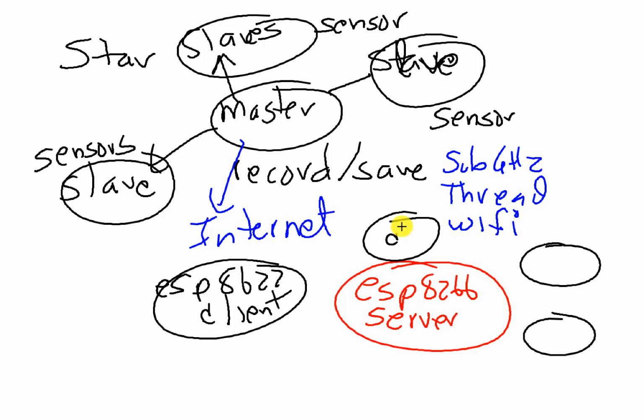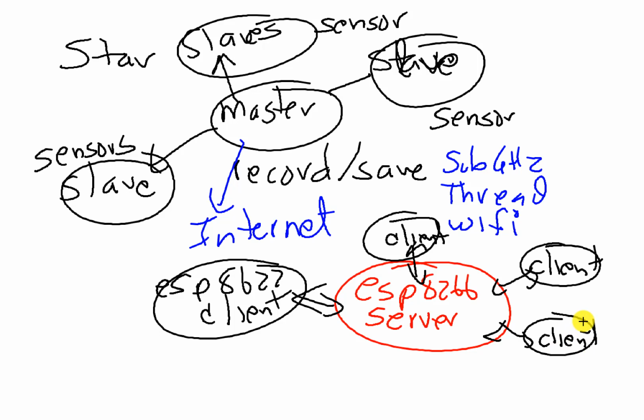We'd have multiple clients, and use Wi-Fi to communicate between the two, because the 8266, like most Wi-Fi enabled devices, can serve either as a client or as a server.